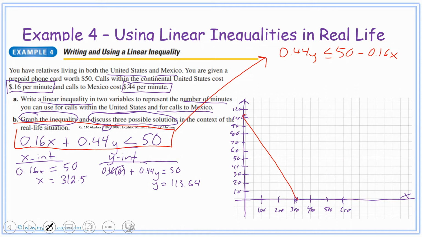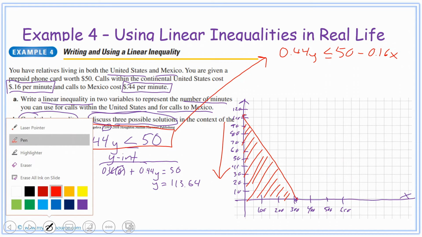Everything less than or equal to y means that if you just chose the y-intercept, you're choosing everything down from the y-intercept, which would mean your shaded region would be bounded by the x-axis, the y-axis, and the line itself. And so that's our shaded region. So that means anything in there will satisfy. And I can now choose different solutions to help me in this real life context.